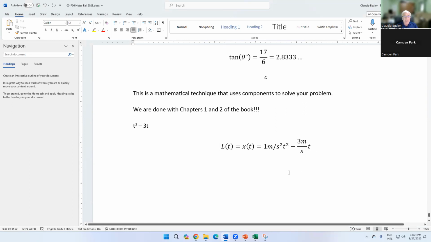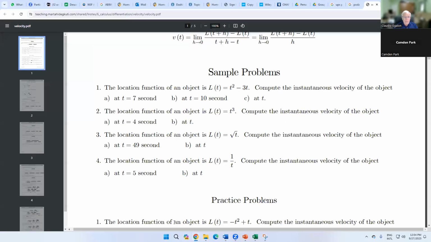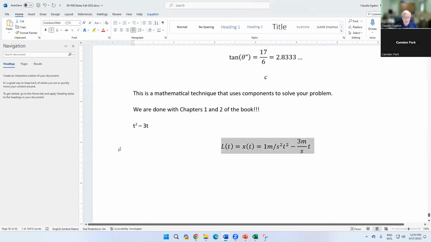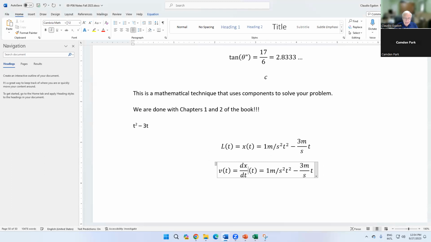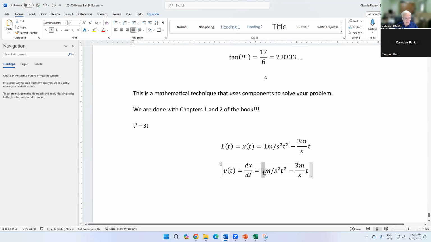So he's asking you to find the instantaneous velocity. Instantaneous velocity is going to be just dx/dt, right? But like I said, something like that is not going to show up in the exam, because it's calculus. dx/dt is going to end up being 2 meters per second squared times t, minus 3 meters per second.